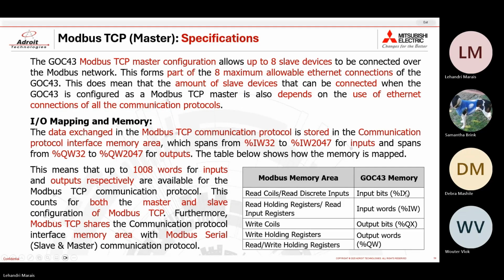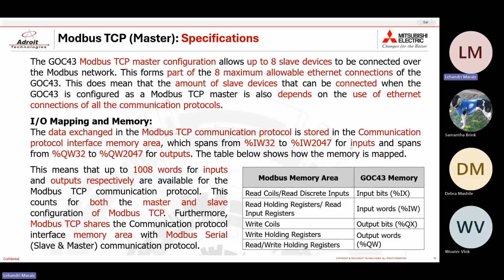So to see how the memory is mapped, your read coils or read discrete inputs digitals are stored in the input bits range, read holding registers in input words, write coils in output bits, write holding registers in output words, and read write holding registers is also done in your output words.